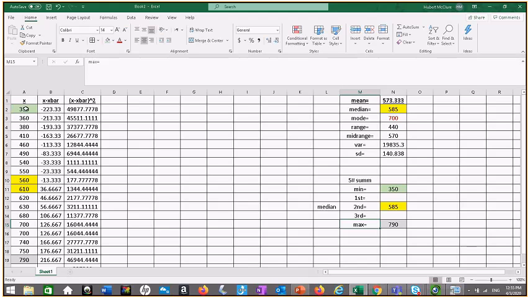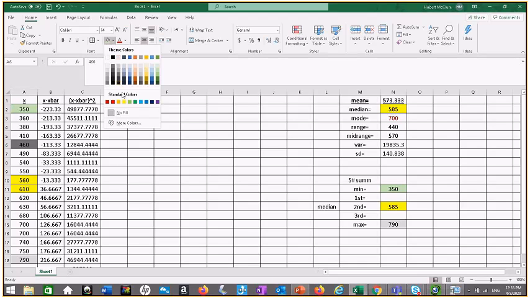Is 9 odd or even? Odd. So you just find the middle, and there is your, I'm going to highlight that.